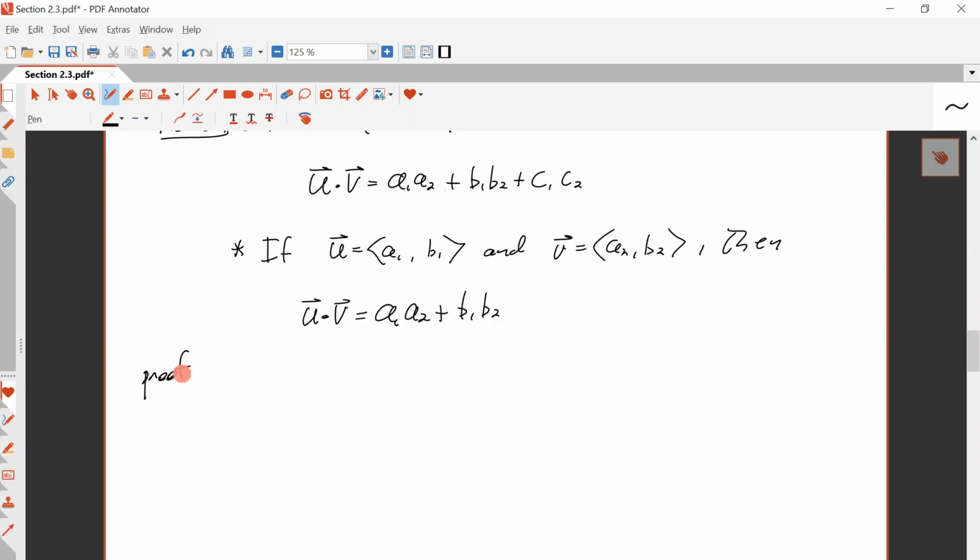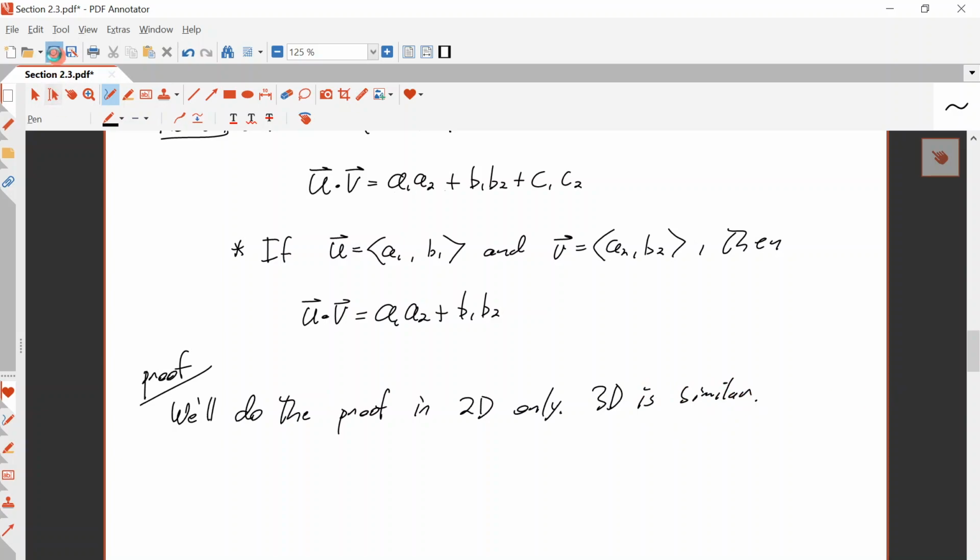The proof of this fact is actually the law of cosines in disguise, and here you will see it. We're going to do the proof just in two dimensions, just to simplify notation. 3D is similar. This takes more writing, so we'll just leave it out.